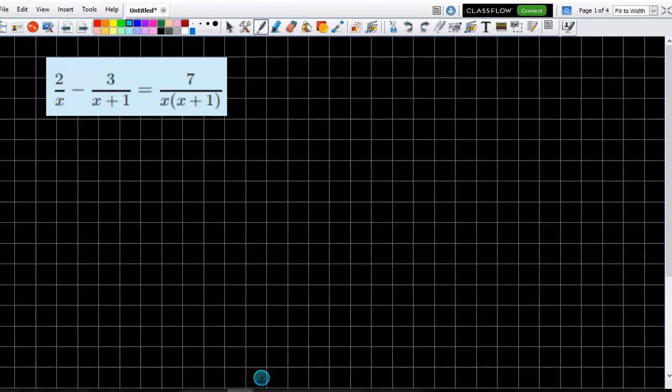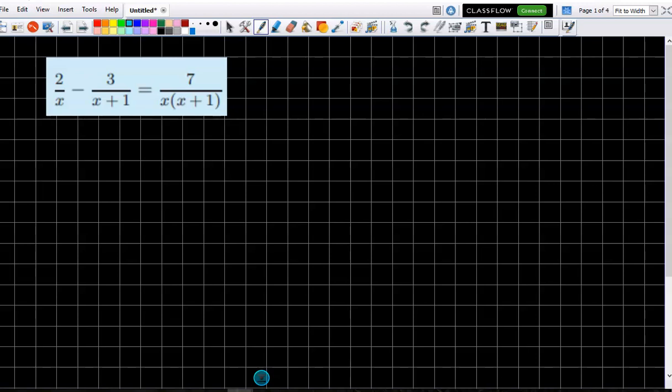So if we look at this one, we might at first panic and go, ugh, look at those X's everywhere. However, what do you notice? Remember we've got that technique now, can we times through by the lowest common multiple there? If you look at the right-hand side and then the left-hand side, what do you notice?